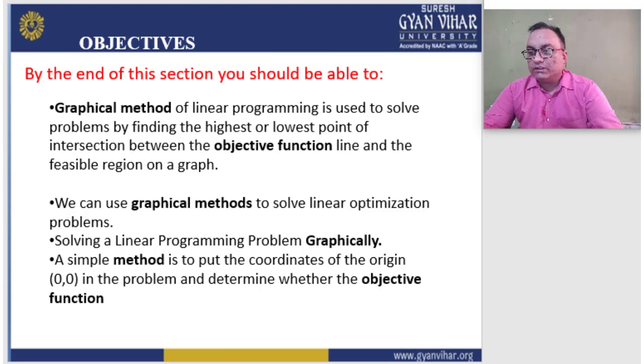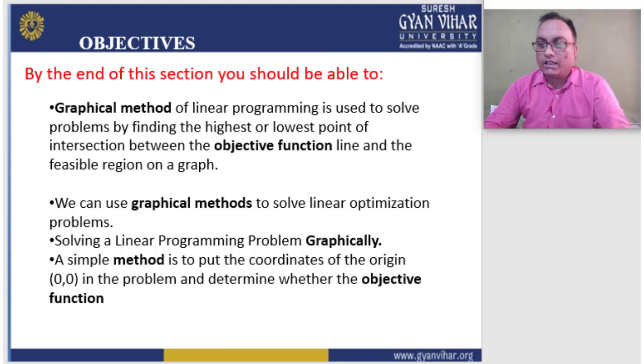This is a very simple problem and a very simple method, used for solving a linear programming problem graphically. A simple method is to put the coordinates of the origin, the point 0, 0, in the problem and determine whether the objective function exists or not.